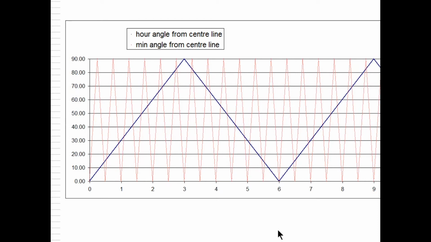Being fond of Excel, I thought let's modify the Excel spreadsheet so that we look at not just the angle, but the angle relative to that central line between the 12 and the 6. That will make the hour hand get up to 90 degrees at 3 o'clock, and then it starts going back down again, whereas before it just took off in that direction.